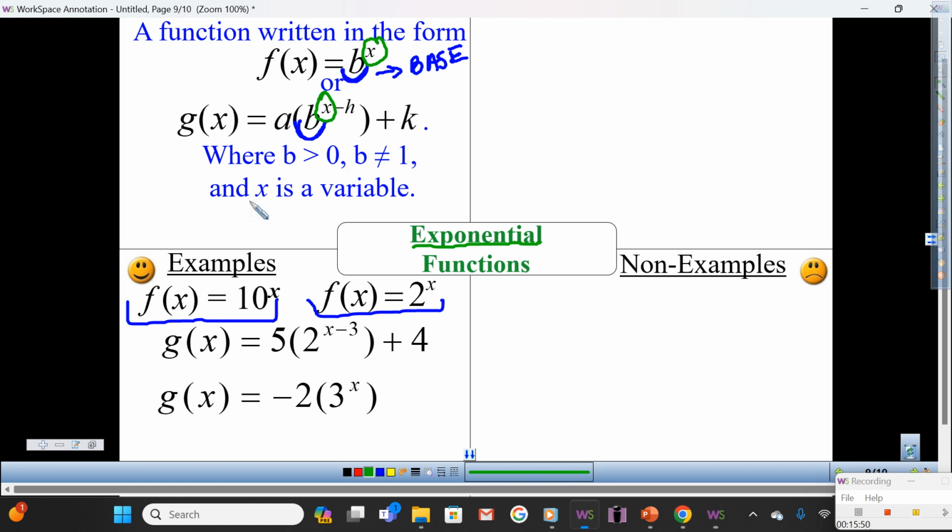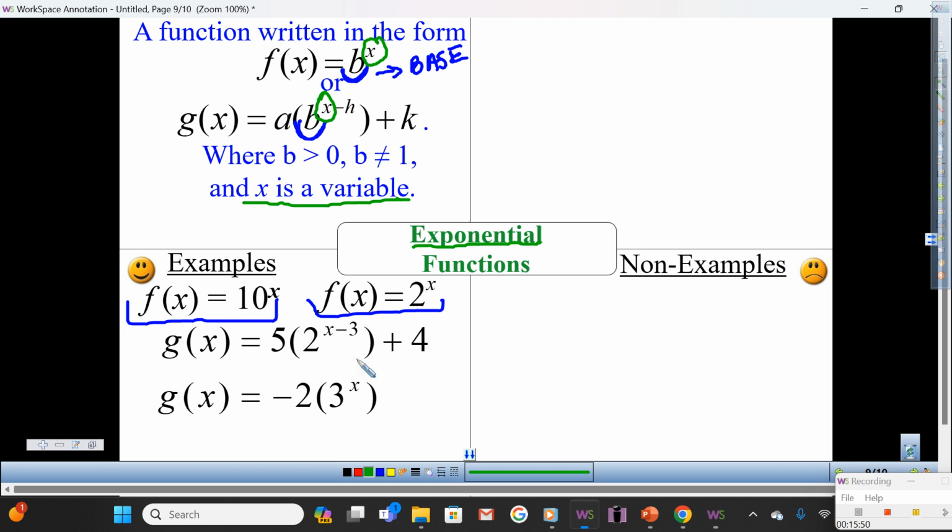So that means the exponent is going to be a variable. It has to be that variable x. Now, this is what they look like. Base 2 transformed becomes g of x equals 5 times 2 to the x minus 3, plus 4, and we'll show you how that works with the general rule as well.